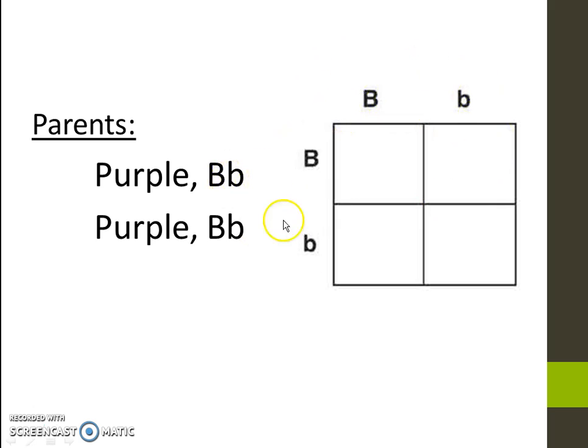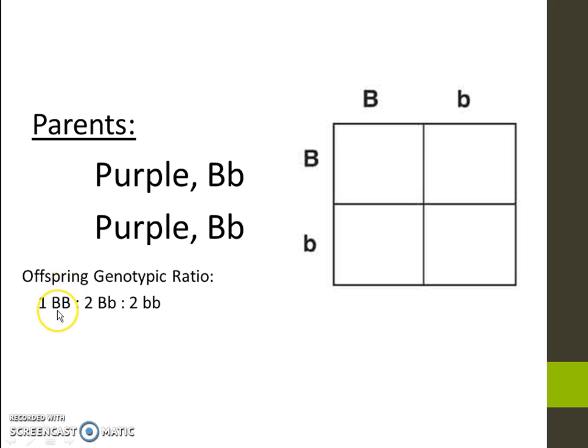So one parent here, one parent here. And once you go down and across in every box, your offspring genotypic ratio this time should be 1 homozygous dominant to 2 heterozygous to 1 homozygous recessive.